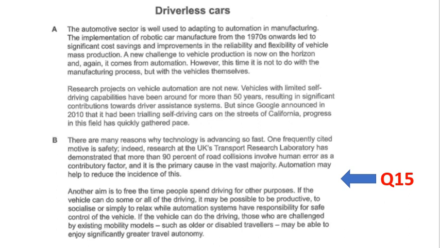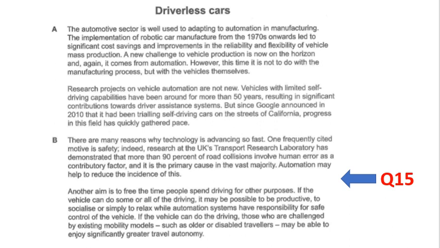The implementation of robotic car manufacturers from the 1970s onwards led to significant cost savings and improvements in the reliability and flexibility of vehicle mass production. So they are talking that in the 1970s, use of robotics maybe improved the flexibility of vehicle production. Nothing that we are looking for. A new challenge could be something related to problems.